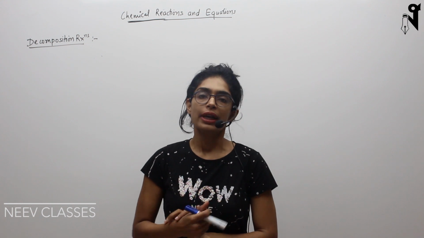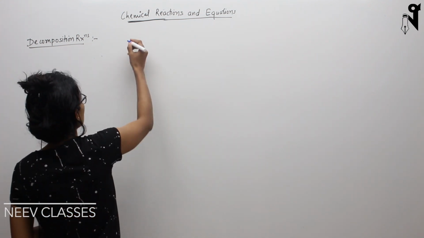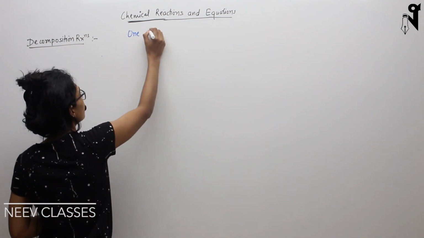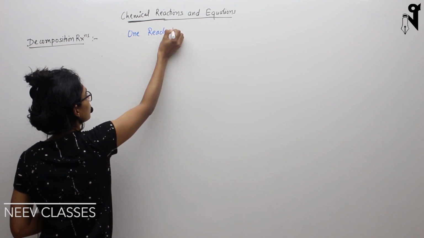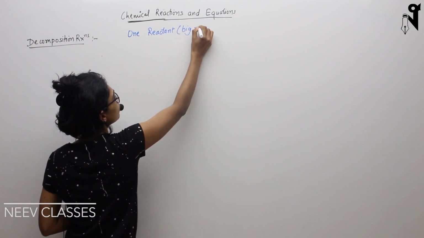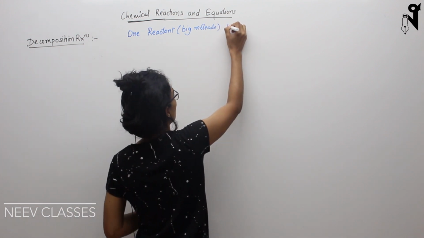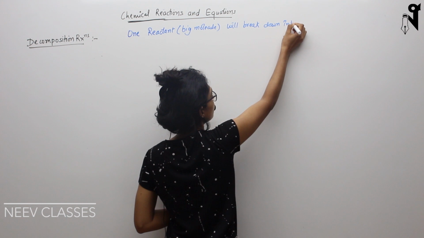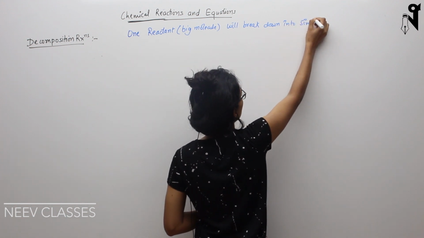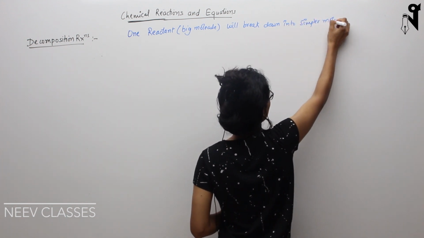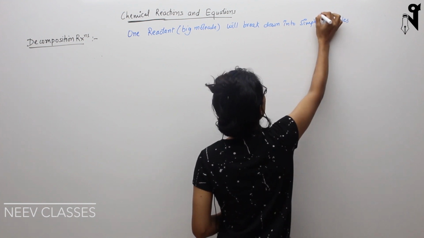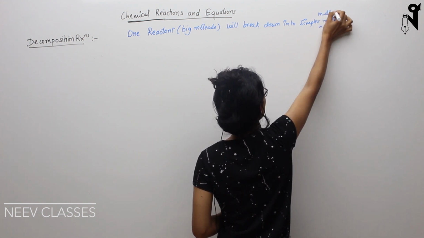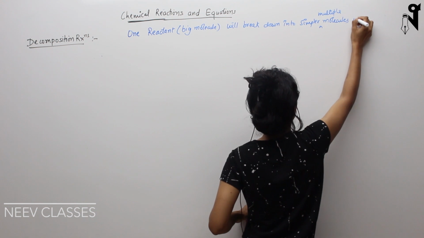Now in this the condition will be only one reactant. One reactant, a big molecule, will break down into simpler multiple molecules in product.